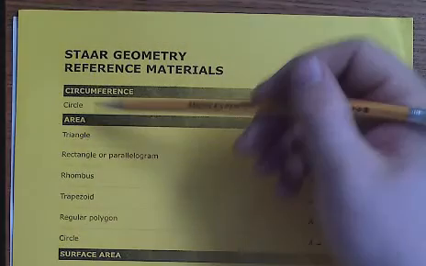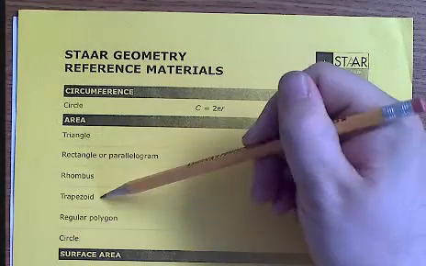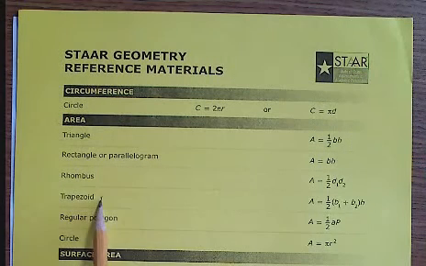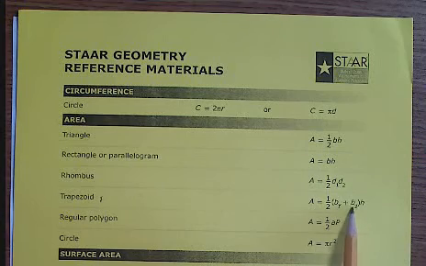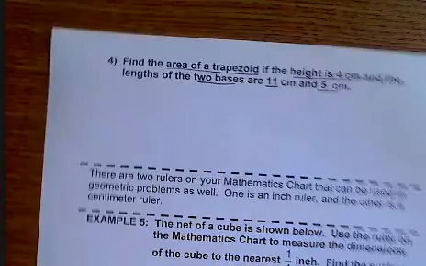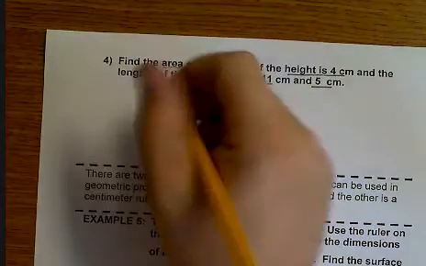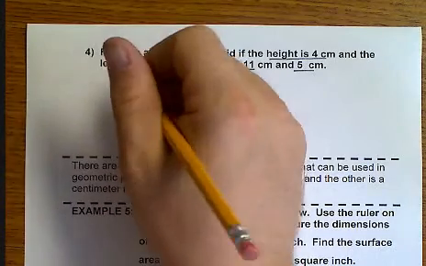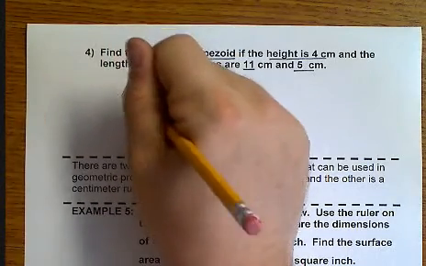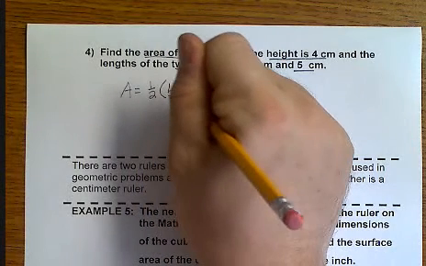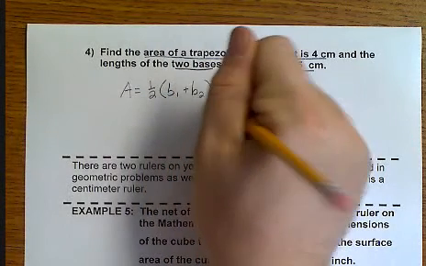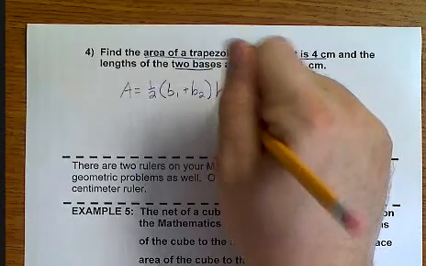We've got area of a trapezoid. We follow that along. It's 1/2 parentheses B1 plus B2, close the parentheses, H. So we get that area equals 1/2, open parentheses, B1 plus B2, close the parentheses, H.